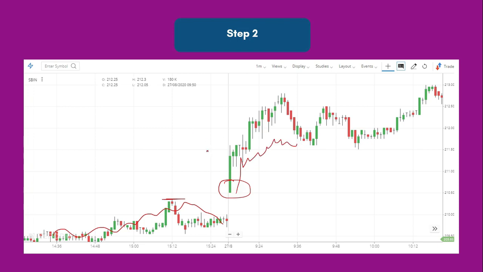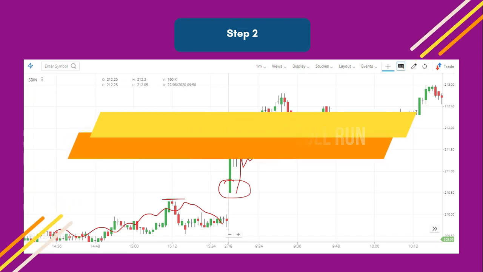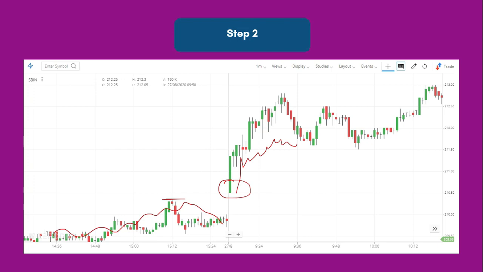So open equal to low also gives a further strong push to the market for the stock to go up. So technically this is a breakaway gap, because market has opened above previous day's close, and also there is open equal to low, indicating that right when the market opened, from that point onwards, bulls are pushing the market towards upside.